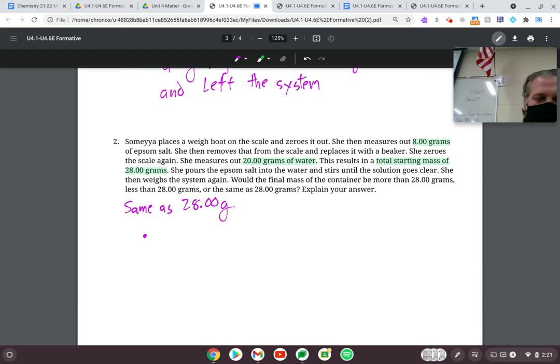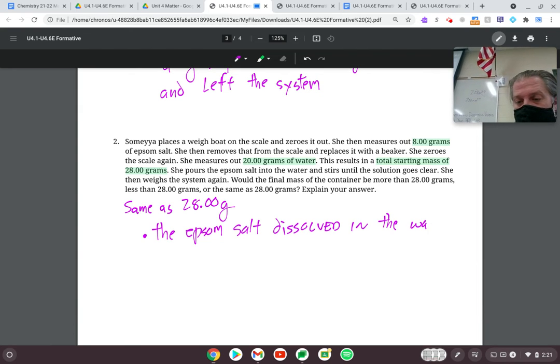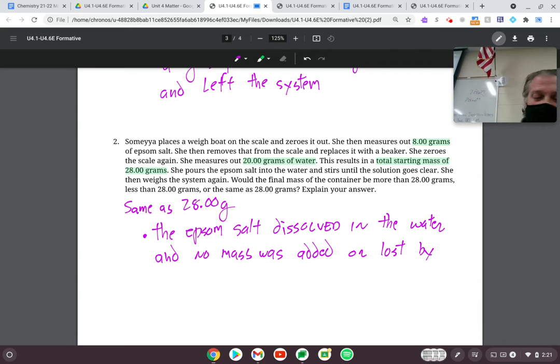So in this case, the Epsom salt dissolved in the water, and no mass was added or lost by the system.